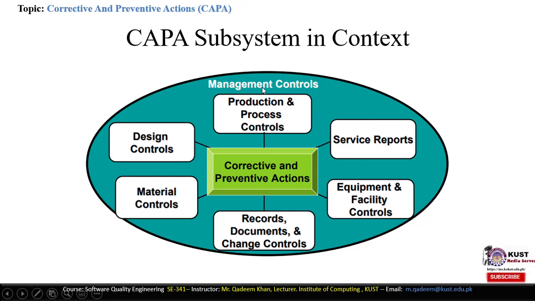And here the overall responsibility for the CAPA is of the software project manager. If the software project manager is a skillful person, he or she can easily control and implement the corrective and preventive actions. Otherwise, an inexperienced software project manager may lead to the failure of the project.